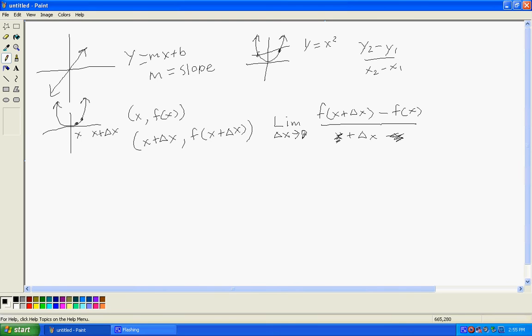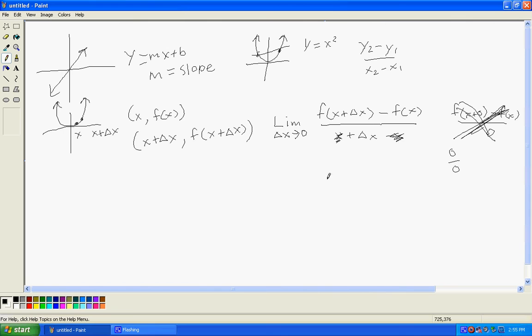But we can't just plug in 0 for delta x right now, because we're going to get 0 over 0, right? It would be f of x plus 0, or just f of x minus f of x, over 0. And 0 over 0 is very bad. That's something you want to avoid in math. So we don't want to do that.